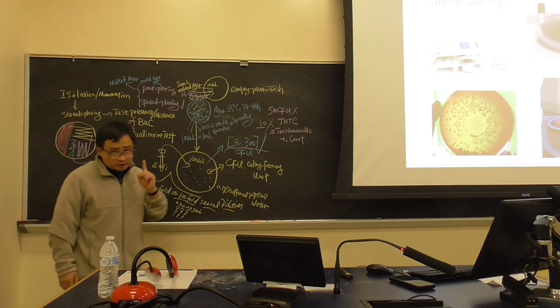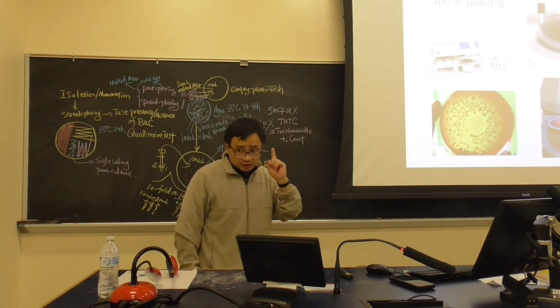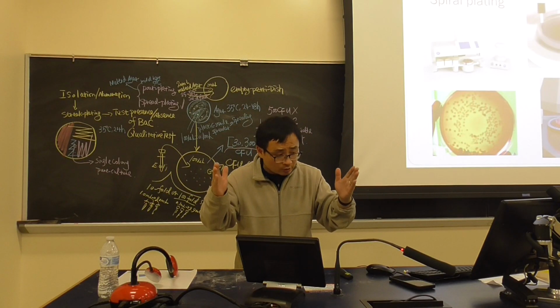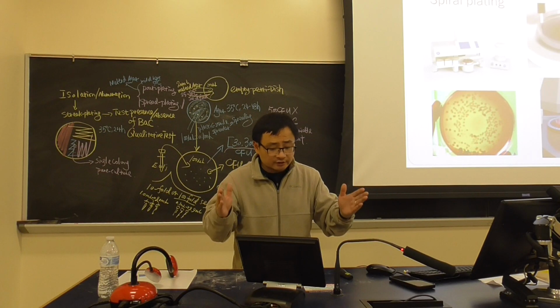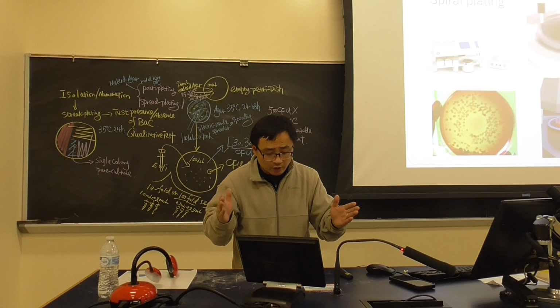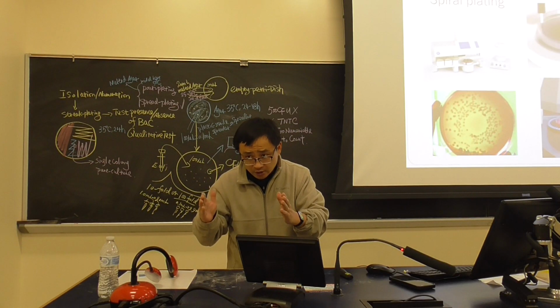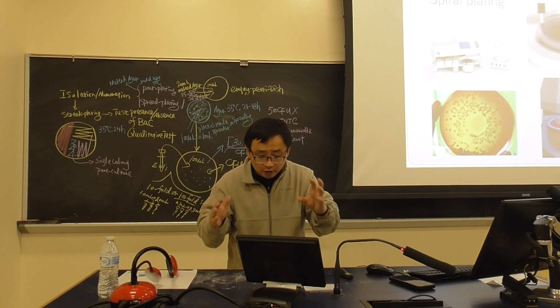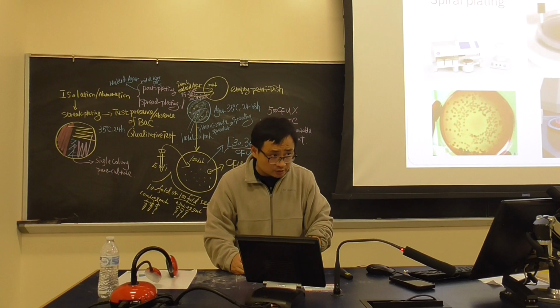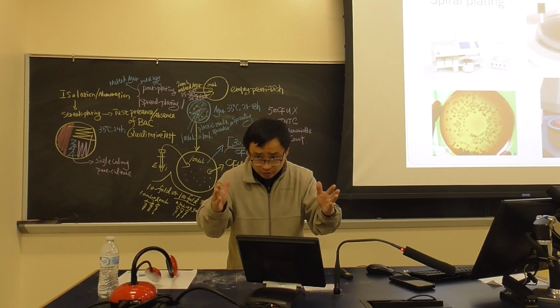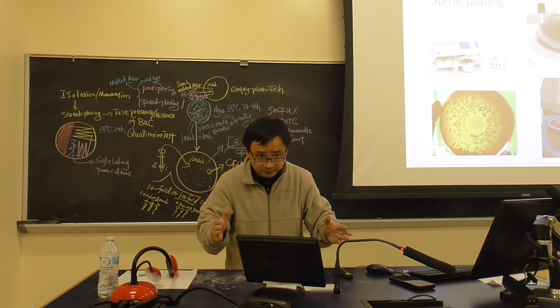Spiral plating, you only need 1 sometimes, because its dilution coverage is much wider. It covers 10 to the power of 1 to 10 to the power of 4. If you do not do any dilution, that saves the dilution series, which means it saves the procedure.